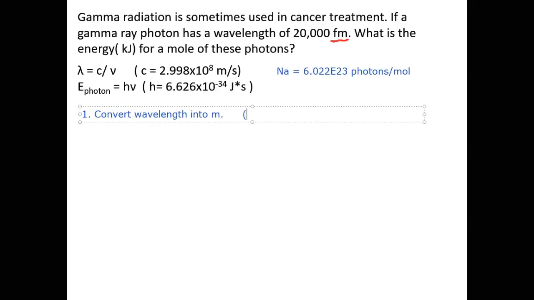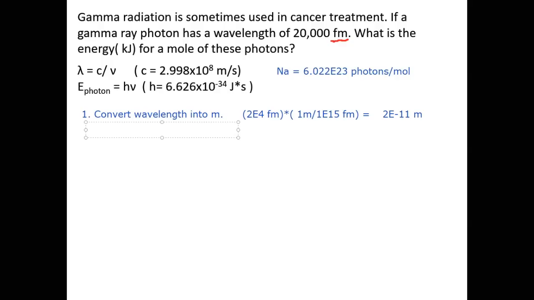So we have 2e to the fourth femtometers times 1 meter is 10 to the 15 femtometers. So this means we have 2e to the negative 11 meters. So that's the wavelength of this photon in meters. Again, since you're dividing, you subtract exponents, we get 2 to the negative 11. So that's the first step.